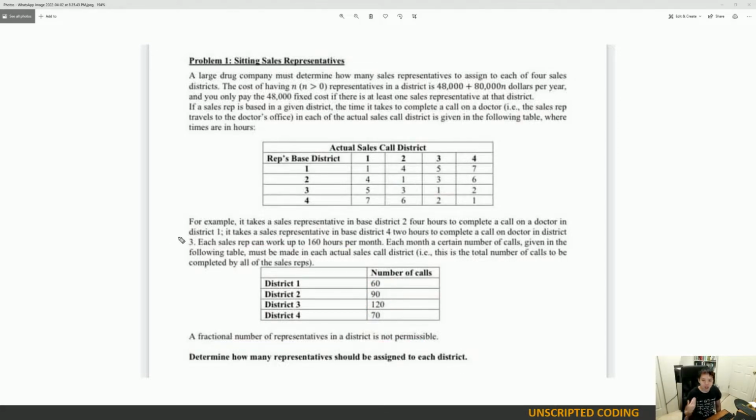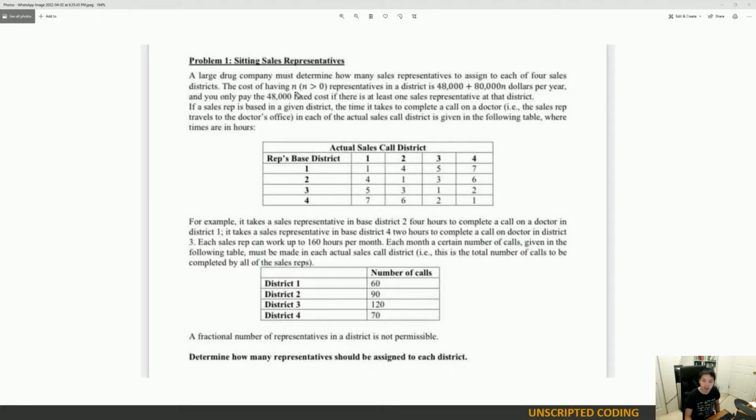Okay, let's actually understand this problem deeper. I'm going to read it from top to bottom, but then I'm going to highlight what I noticed immediately afterward. A large drug company must determine how many sales representatives to assign to each of 4 sales districts.